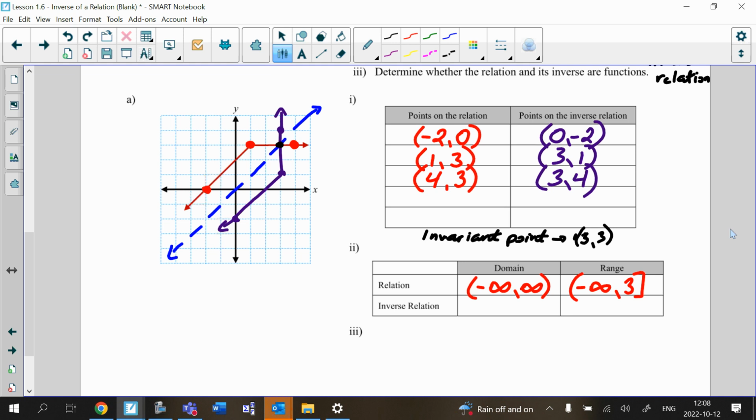So the domain of an original is the same as the range of its inverse. Actually, I'm going to write that. The domain of a relation is the same as the range of its inverse.